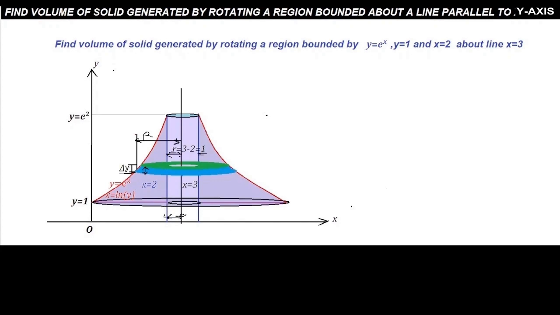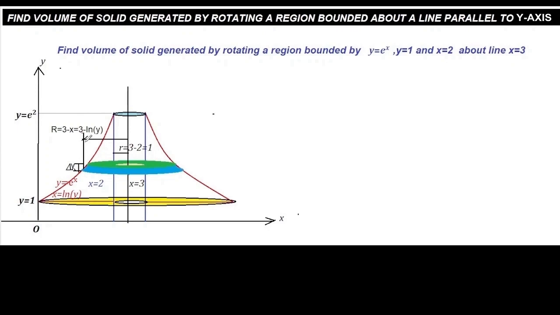So here is a clear picture of the solid so generated. Here, the outer radius of the disk is the distance of the curve from the axis of rotation.